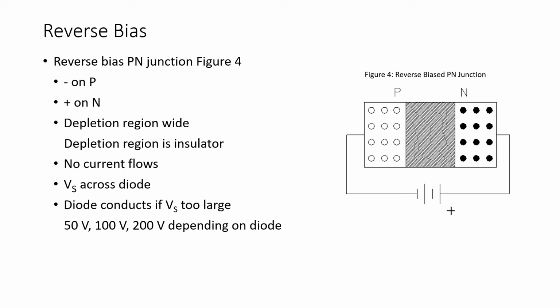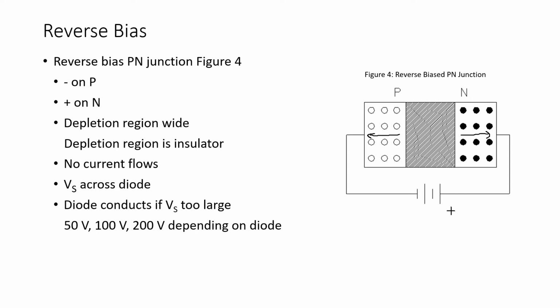So remember that unlike charges attract, so with a negative potential applied to the P-type material, these holes are pulled back away from the depletion region. And with a positive potential applied to the N-type material, these free electrons are pulled back away from the depletion region. And note in Figure 4 that the depletion region has become very wide.